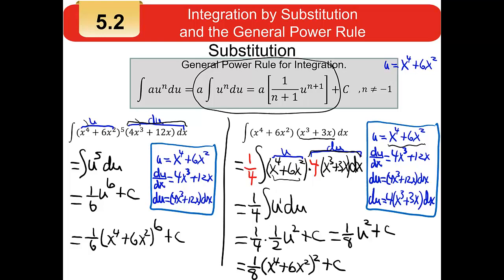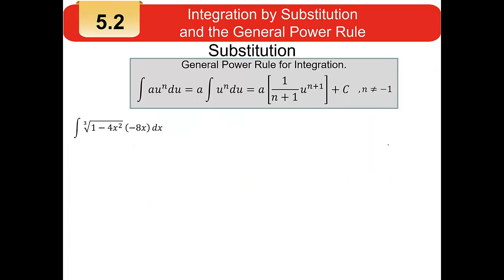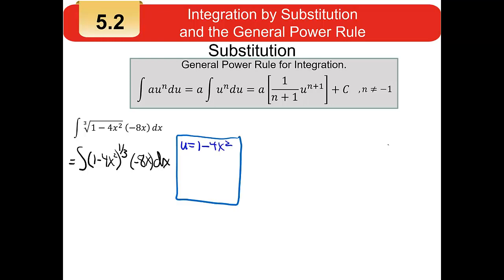Again, practice makes perfect. How about this? We've got a radical in there. Well, a cube root is a 1/3 power, so I know I have to do that with these integrals. So I changed the cube root to a 1/3 power, and now I'm back on my same routine. I know what I'm going to try for u. I'm going to let u be the base of the 1/3 power.